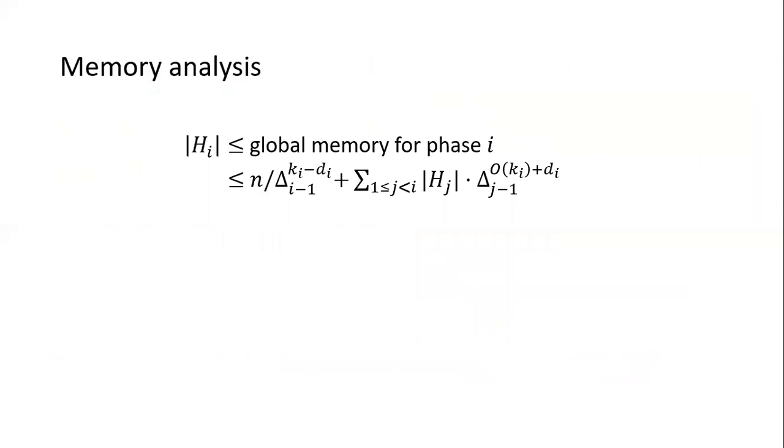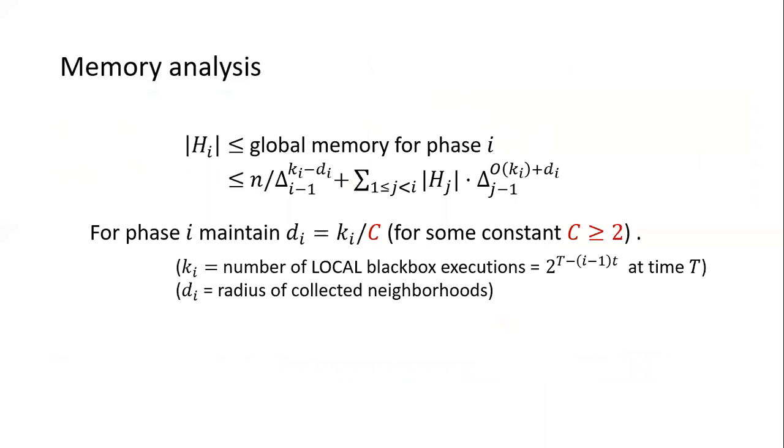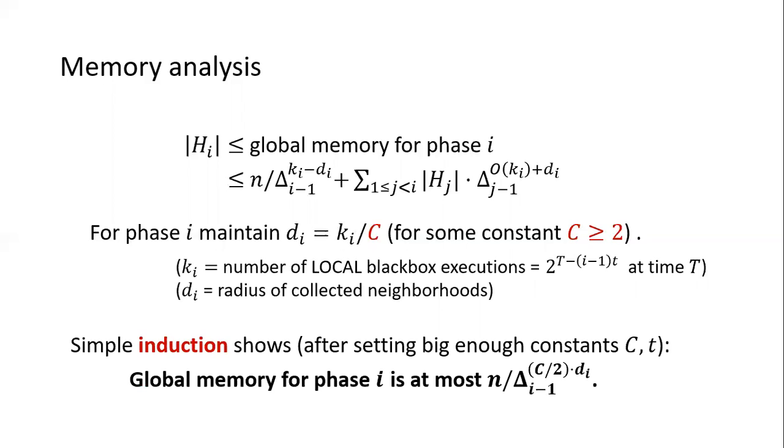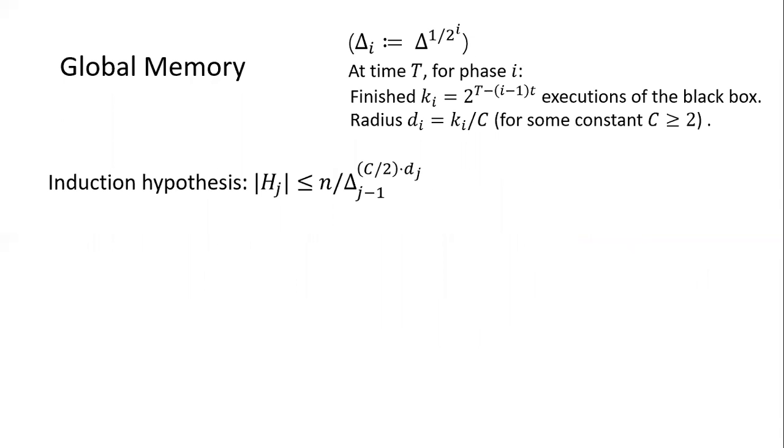Okay, so now we have this inequality, and we introduce another tunable constant C, which is the ratio between k_i and d_i. Then, by picking some big enough values for constant C and T, which is the lag parameter, we can use a simple induction to show that the global memory is smaller than n. The induction works as follows.